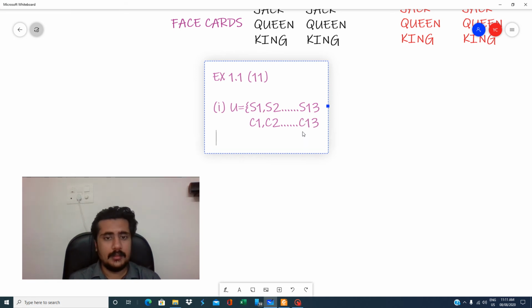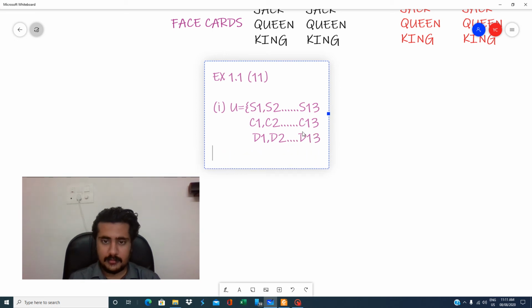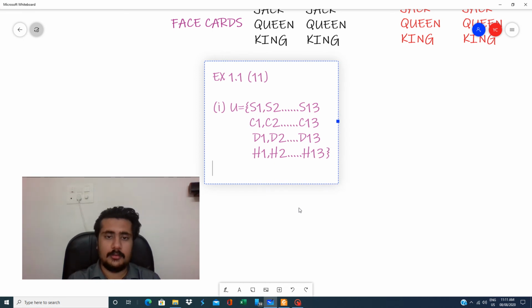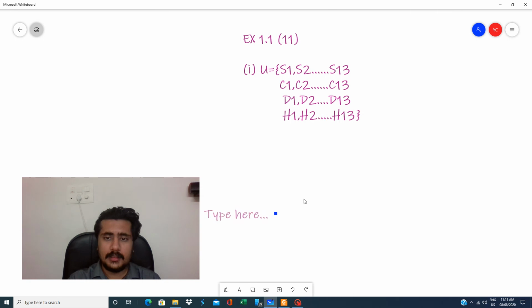Then D1, D2, up to D13, then H1, H2, up to H13. So these are 52 cards, and I made the sample space. Then let's jump to the second question.